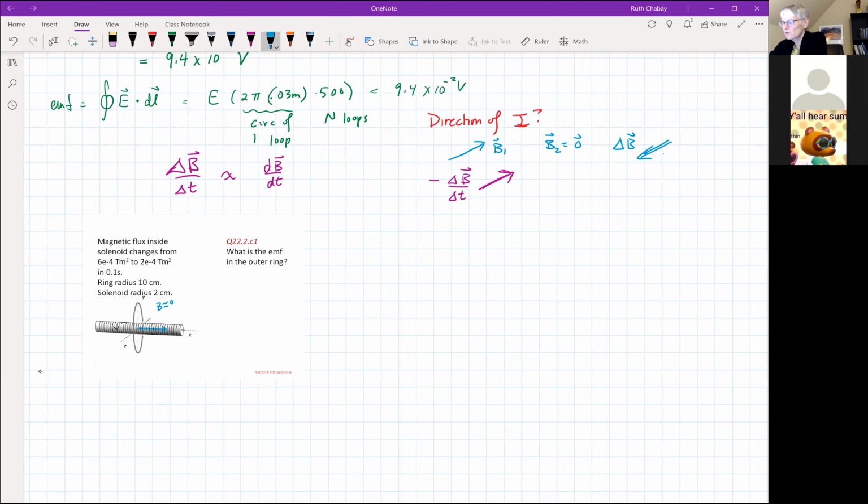And yet there really is an electric field, a curly electric field in this region, including at the location of this ring, due to the changing flux inside the solenoid.